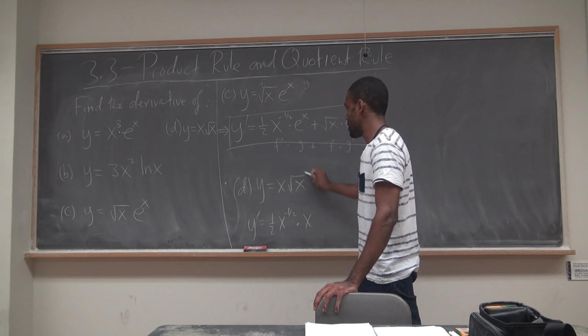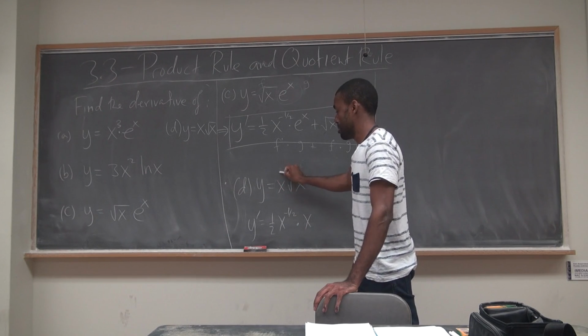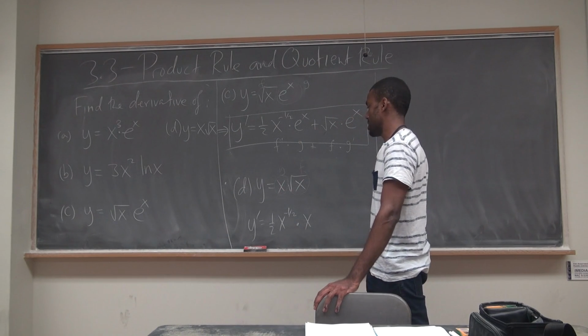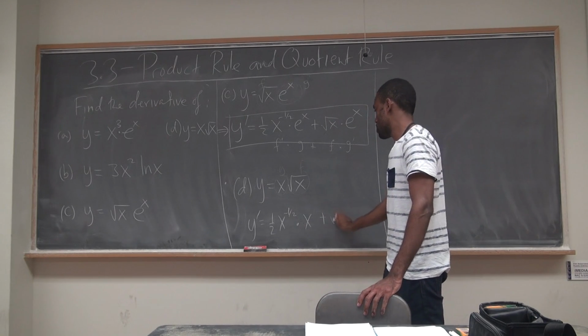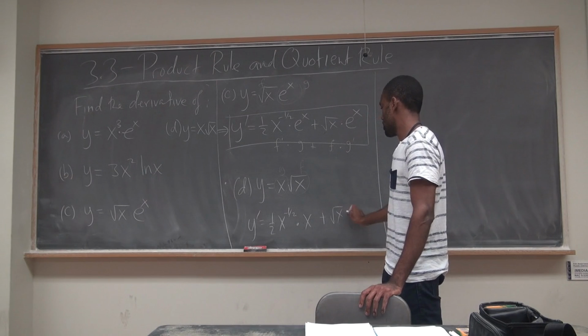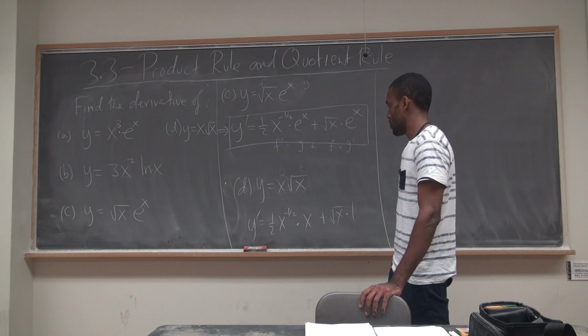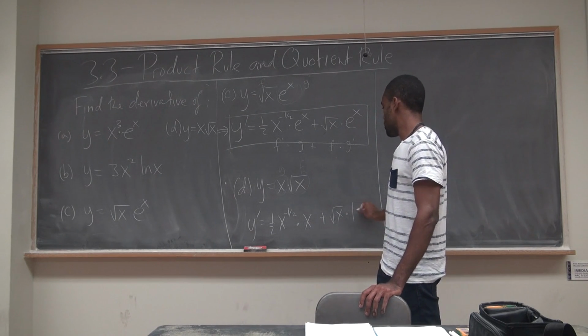So I guess you're calling this the f and that the g, which is completely fine, but okay. Plus square root of x, leave the square root x times 1. Would you be able to simplify that?